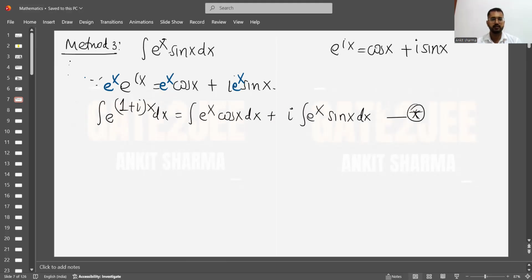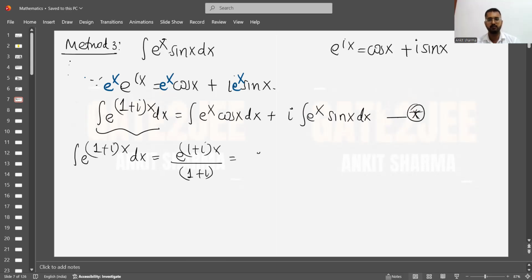And now if I integrate this, the integral of e to the power (1 plus i) times x dx will be simply e to the power (1 plus i)x over 1 plus i. The constant should be divided here. And this would give me e power x outside, and (1 plus i)(1 minus i) I'll write down here as 2. And this gives me e power ix into (1 minus i). Here I have taken the conjugate and then multiplied.